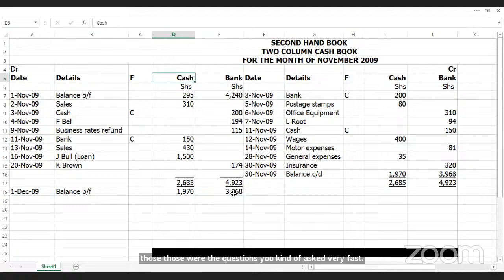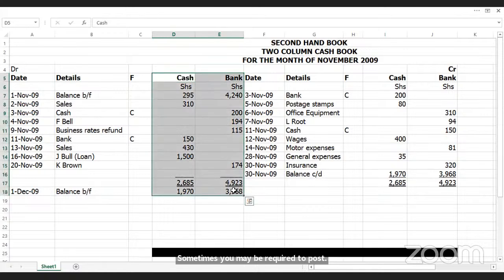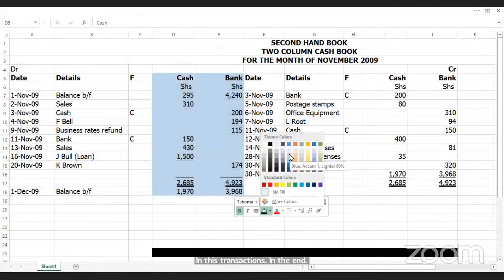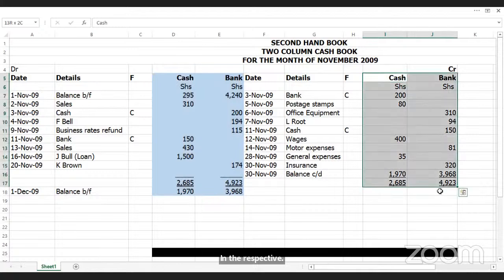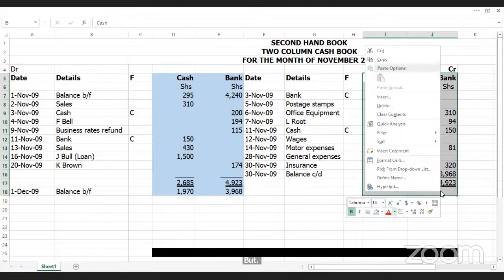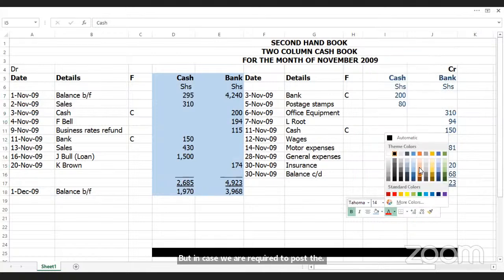Sometimes you may be required to post these entries in the cash book to the respective ledger accounts to complete double entry. But the question just required us to enter the transactions in the cash book. In case we are required to post the entries to the respective accounts, then we can still do that.